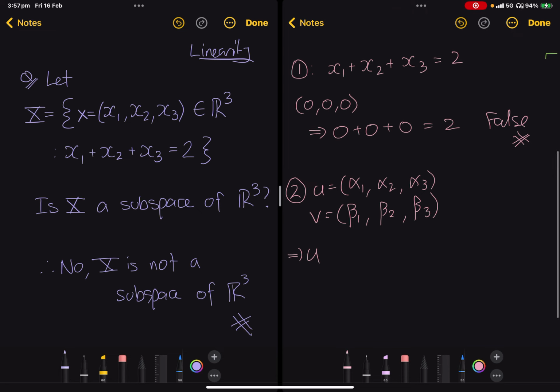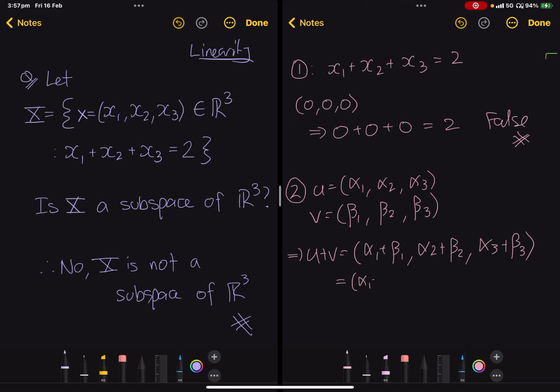The sum of these two vectors, u + v, gives us a new vector, which is (alpha 1 + beta 1, alpha 2 + beta 2, alpha 3 + beta 3). Now it needs to be the case that the sum of these terms is equal to 2, because that's the condition.